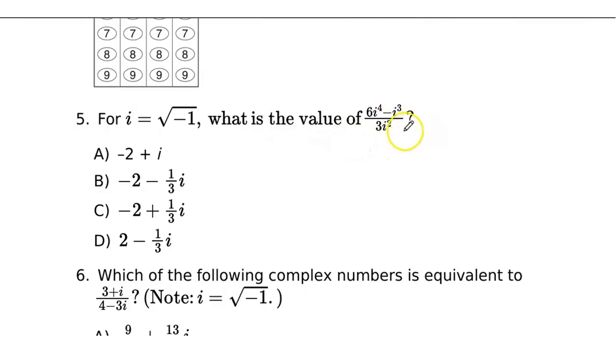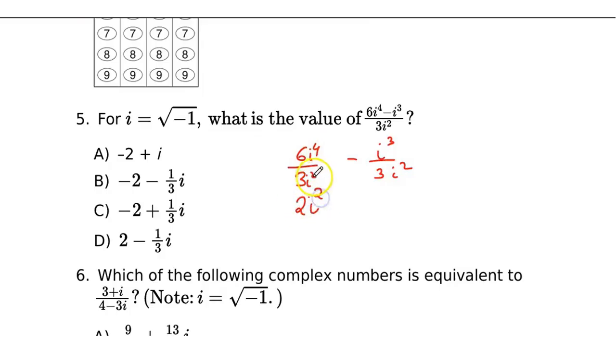Now what is the value of this? Here we can divide it first. So we'll get 6i to the power 4 upon 3i squared minus i cubed upon 3i squared. We can cancel 3 and 6, we'll get 2. And i to the power 4 and i squared will also be cancelled.